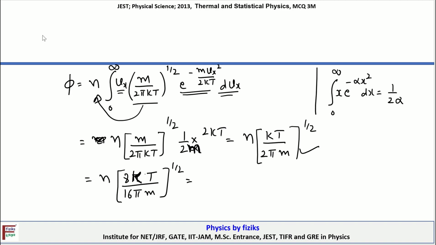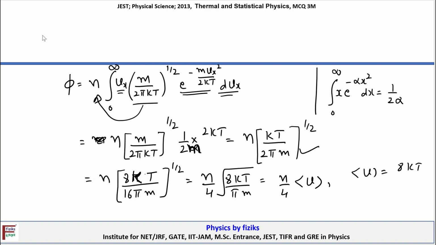This is equivalent to n upon 4 times the root of 8k upon pi m, where k is the Boltzmann constant, or this is equal to n by 4 times v average, where v average is the expression for the average velocity, 8kT upon pi m under root.